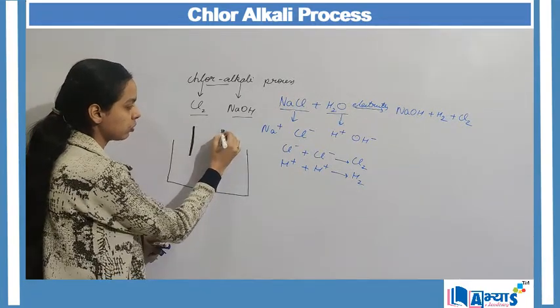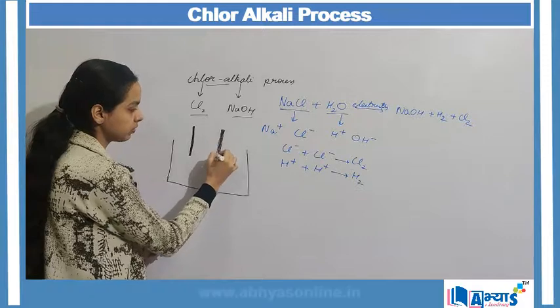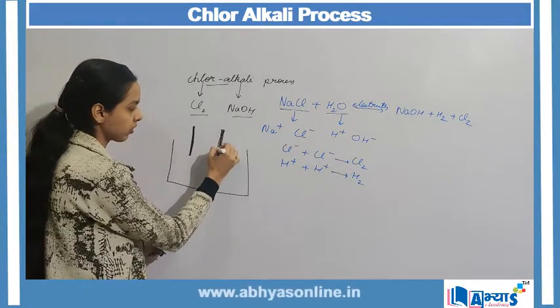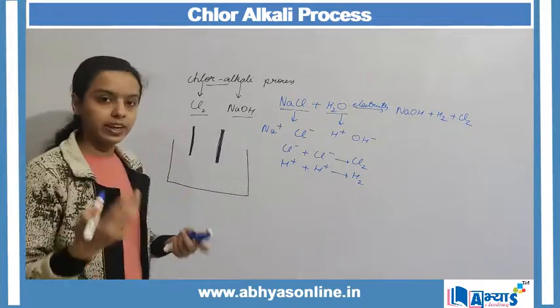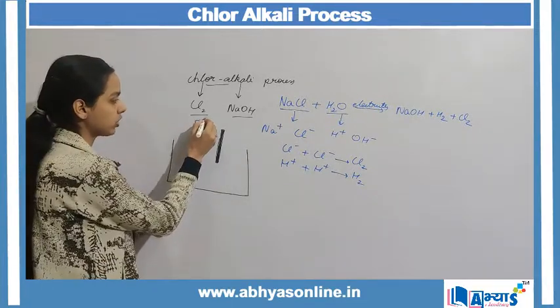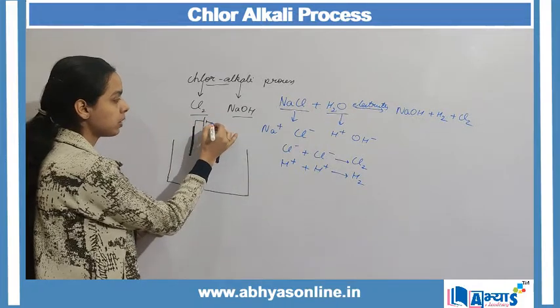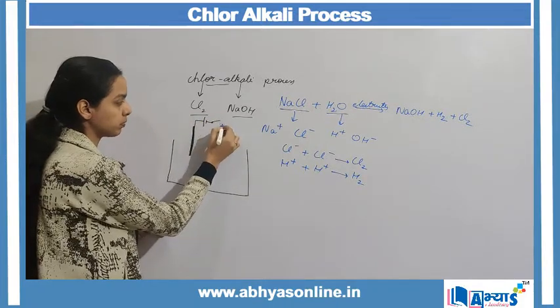It is very similar to electrolysis. These two electrodes will be connected to an electric switch, just as a battery is connected, and with the battery we have a switch.